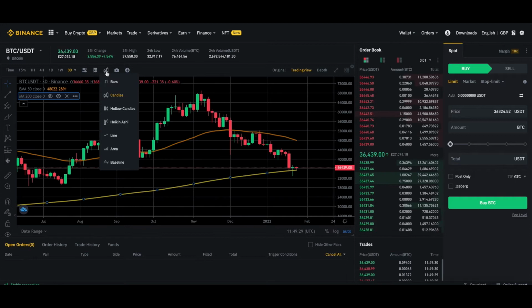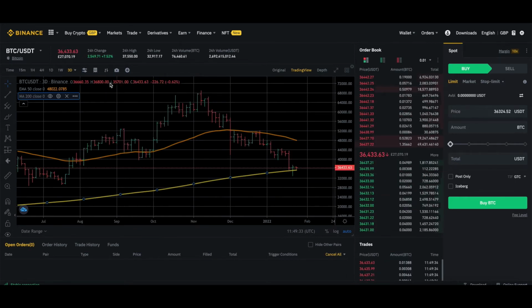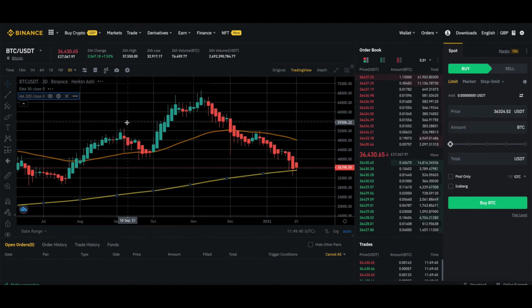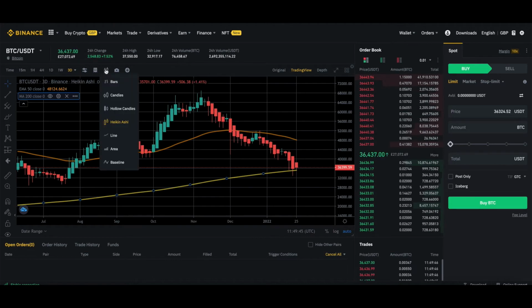You can select which candles you want. Like you can have bars. Don't know why anybody would want bars, but some people do like the Heikin Ashi candles because they reckon it's easier to see the trends, and it blocks out a lot of the noise.